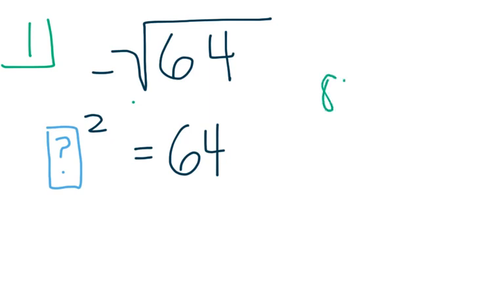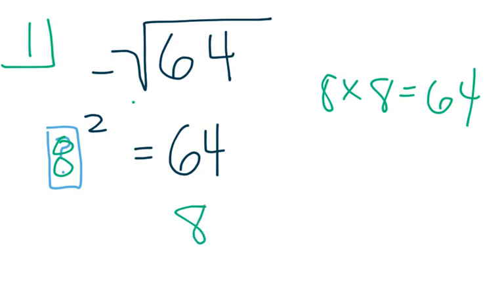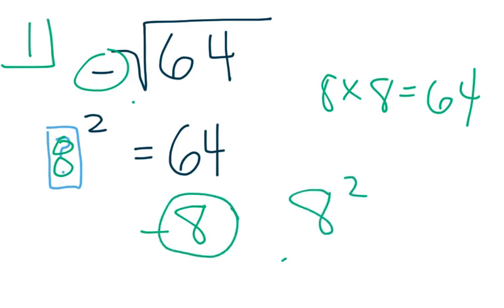And since 8 times 8 equals 64, our answer is 8. And since this is negative, this is negative. So it's very important to note that you just write 8. You don't write 8 squared, and you don't write square root of 8. It's just 8. So now we need to say whether it's rational or irrational.